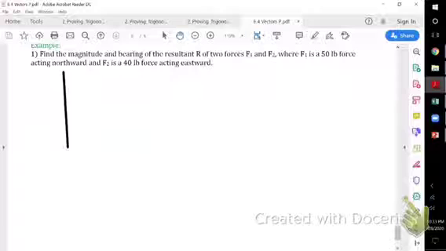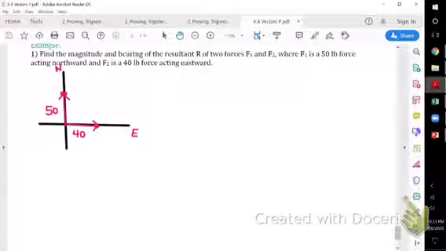So if I draw myself a little coordinate plane, I've got this vector going north, 50 pounds, and this other vector going east, 40 pounds.